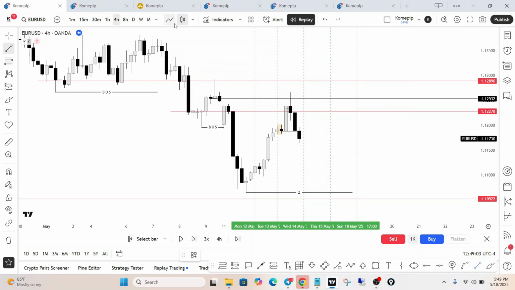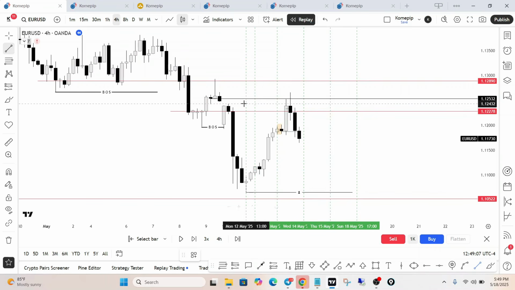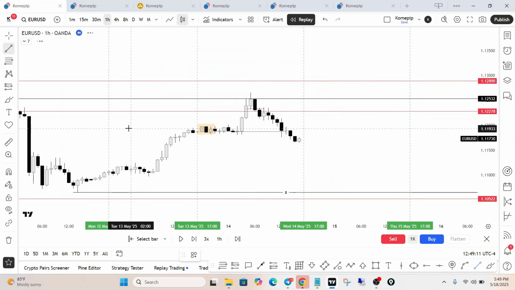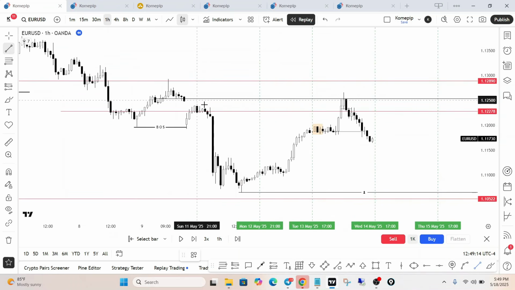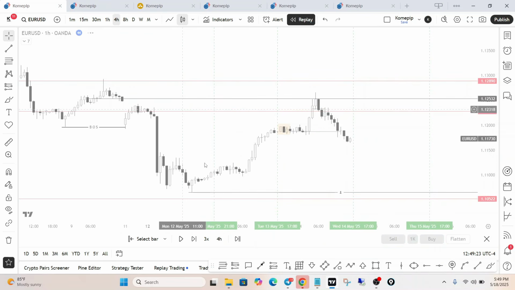But for now we're not interested in that. If we go to the 1 hour, of course the structure will be even clearer on the 1 hour. You see, that was an inducement right there. We are still on the 4 hours, so we play price to the next day.